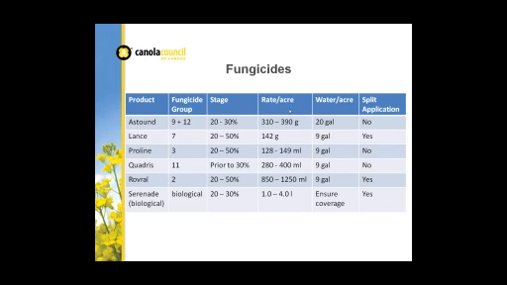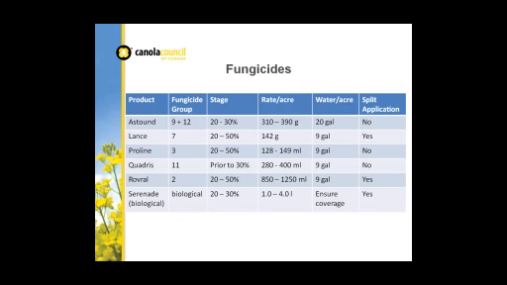Your rates for all of these products are set so that they do give you good efficacy. So make sure that you aren't shorting or going on the short side of any of these rates. If you do decide that you need to apply a fungicide, make sure that you are doing the label rate because it's costing you money to even make that effort. So make sure that you are doing it correctly.